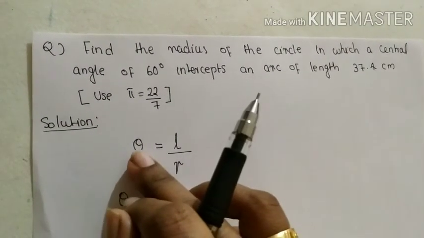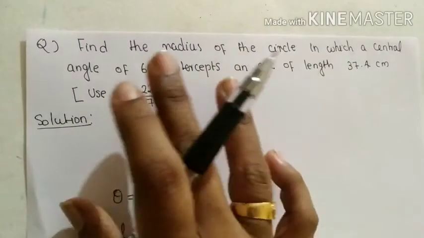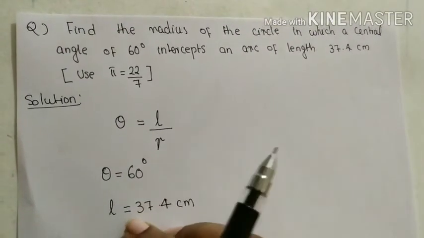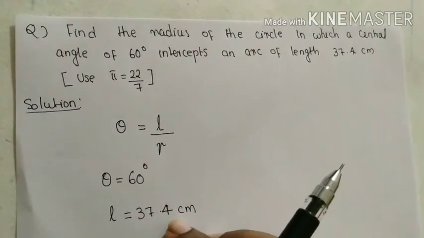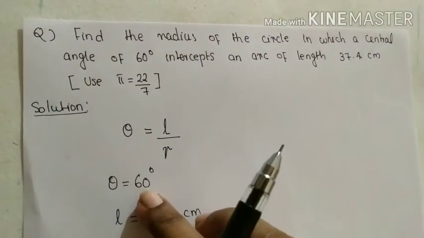Note that this theta is always in radian measure. So in this question given that theta is equal to 60 degree and arc length is equal to 37.4 centimeter. So first of all we need to convert this theta into radian.